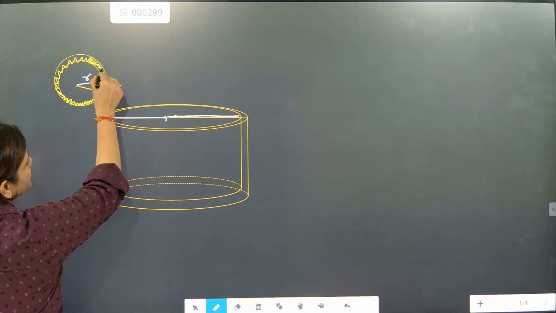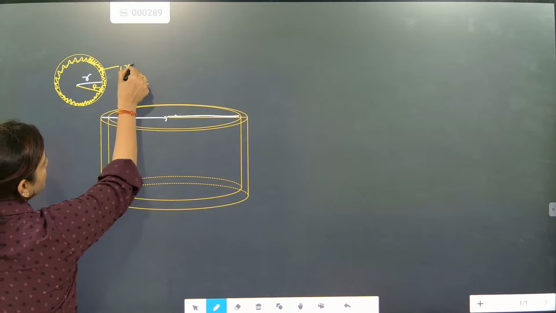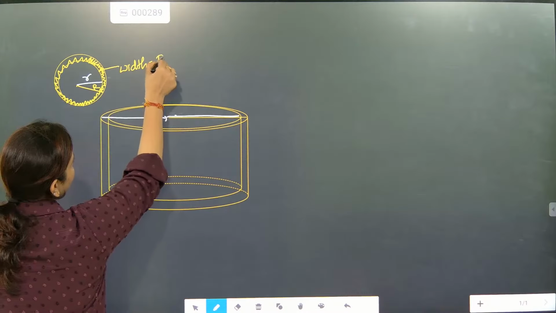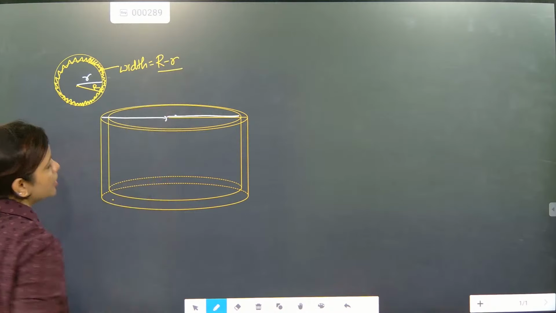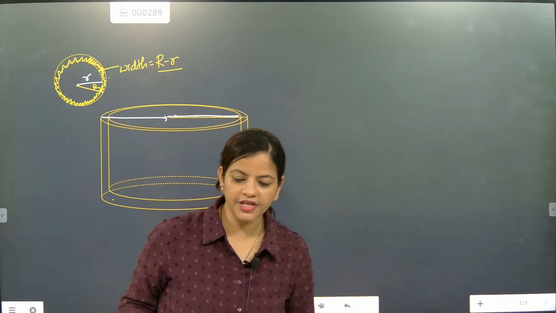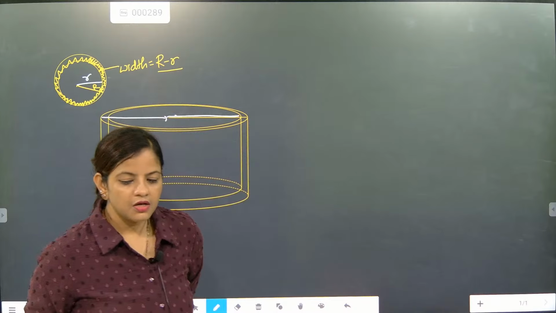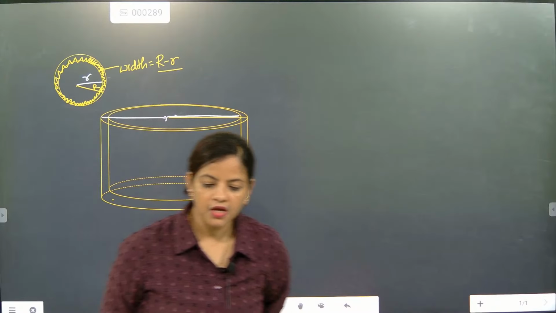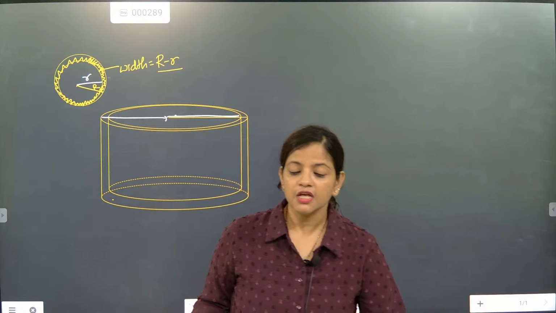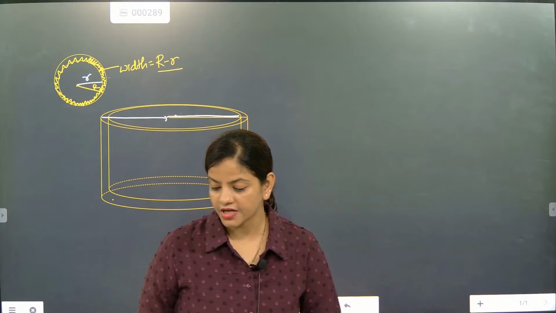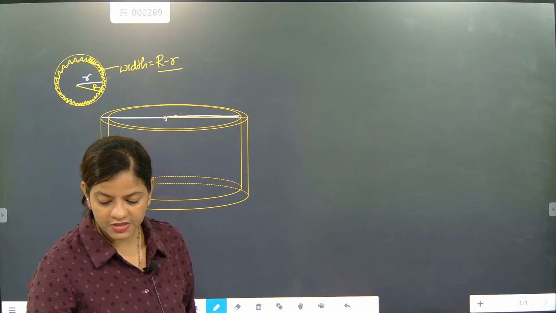So what is the width? Width is capital R minus small r. Remember what the width is. Rupa, yes, say. Everybody please pay attention.